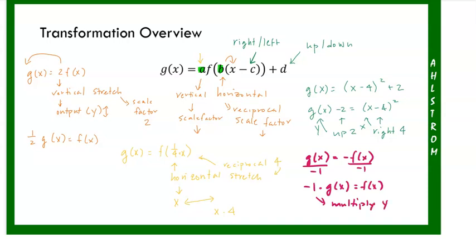Multiply the y by a -1, which becomes a reflection over the x-axis.